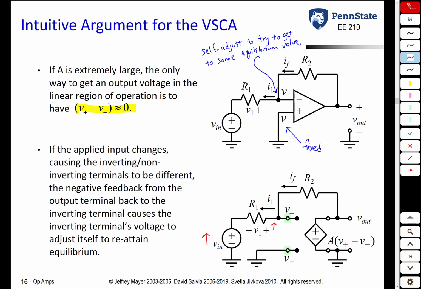It's going to cause a slight increase to the inverting terminal's voltage. But what is that going to do? If you increase the voltage at the inverting terminal, the output, which is A times (V plus minus V minus), is going to go down a little bit. And what's going to happen is this slight rise here is going to be countered by this drop here, and we're going to see that V minus is going to stay close to V plus.